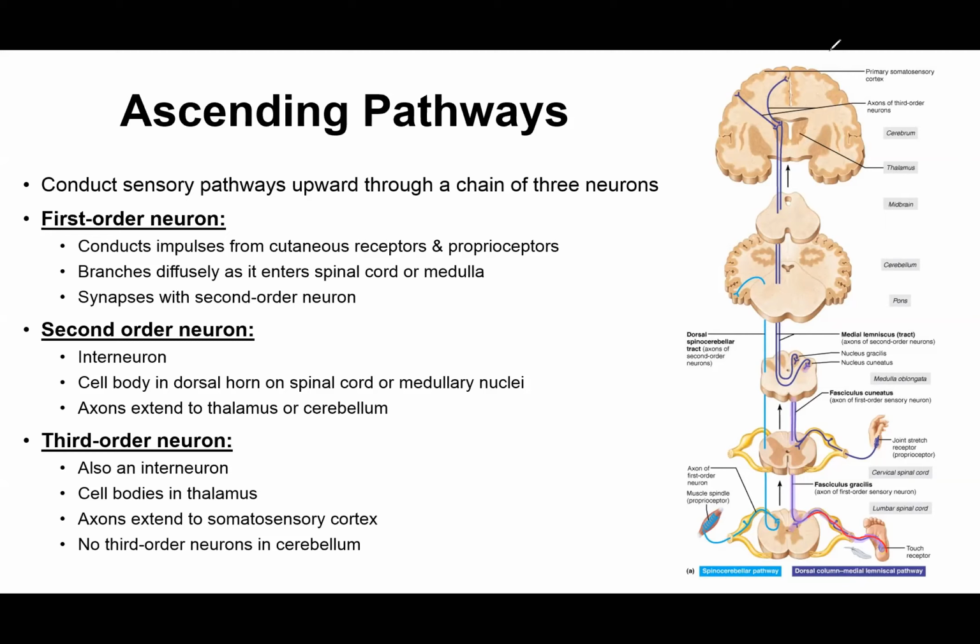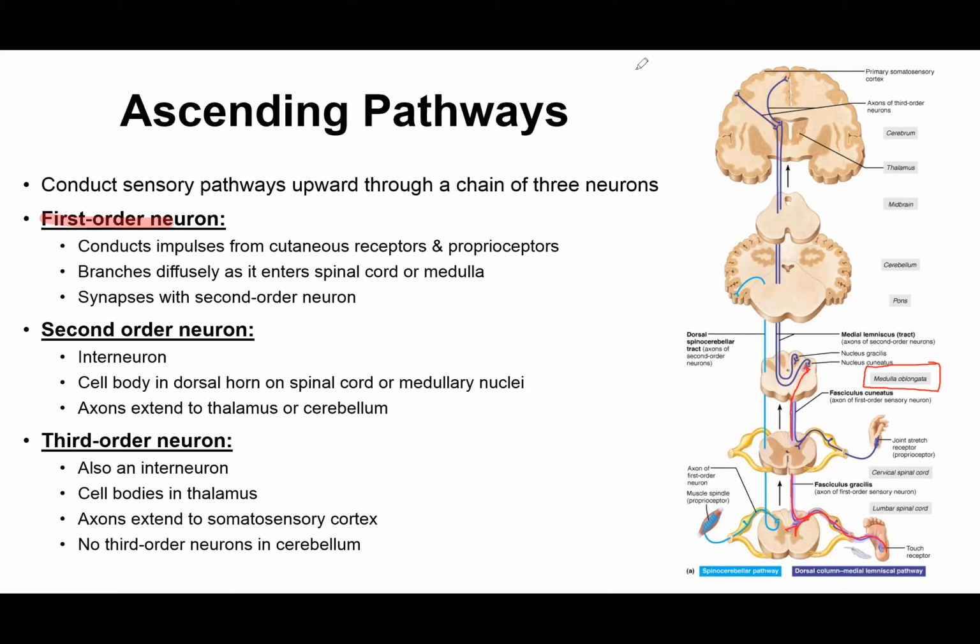Here we have our first branch, but that first order neuron continues upwards along its path until we reach the medulla. This is where that first order neuron is going to synapse onto the second order neuron.